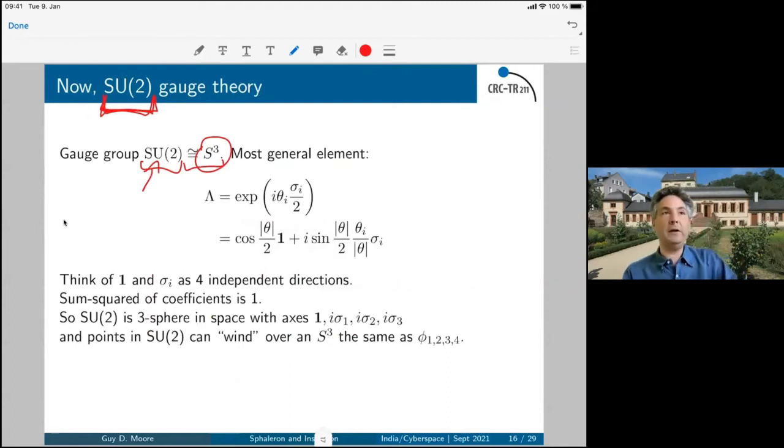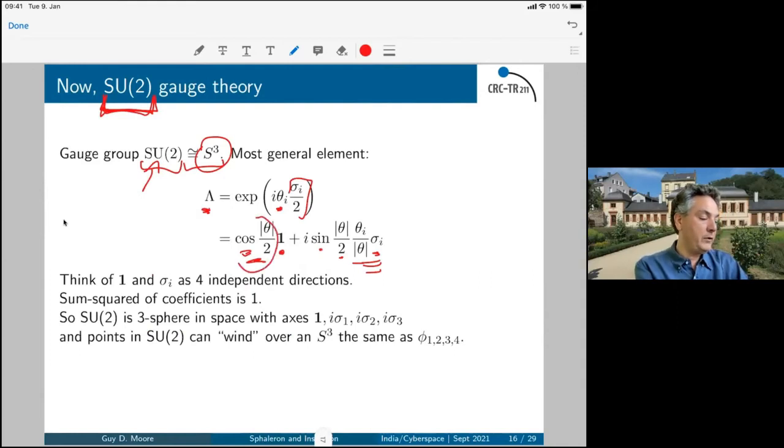To see that SU2 has this property, note that the most general possible element of SU2 is the exponential of some Pauli matrices times some angles. And if you carry out that exponentiation, it gives you a cosine of the angle times the identity, and then a sine of the angle times the Pauli dot the direction of the angle. And this is 1, 2, 3, 4 elements.